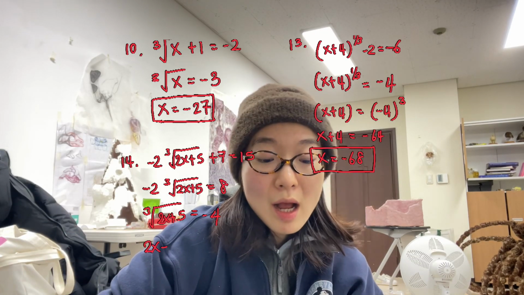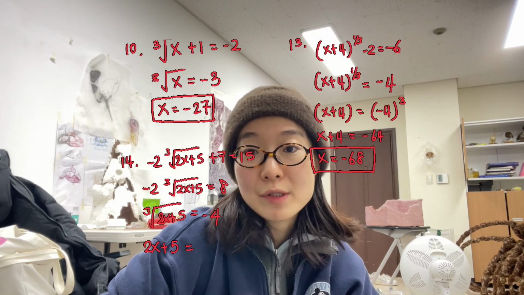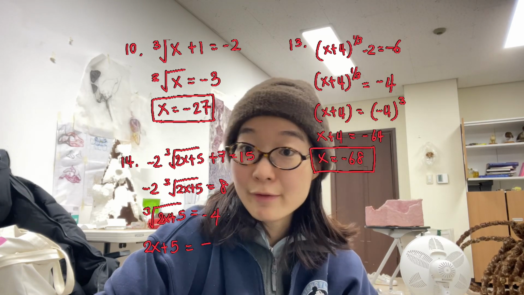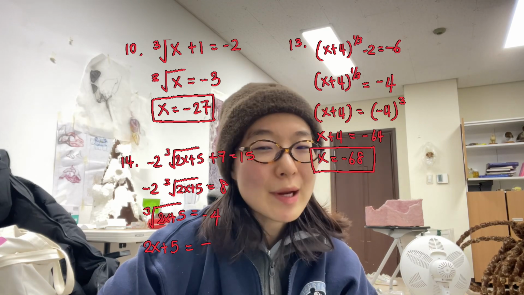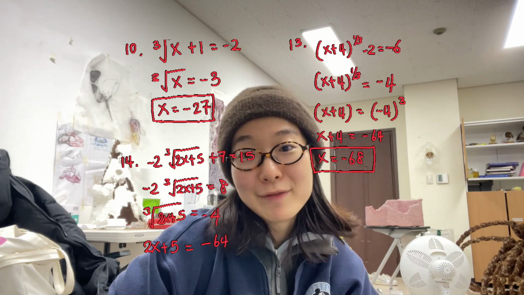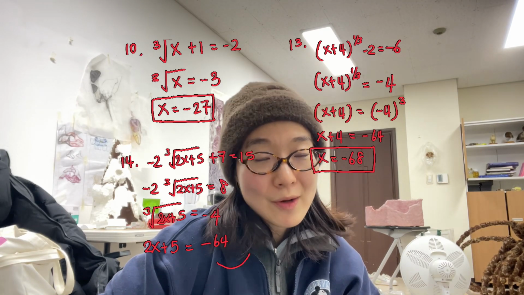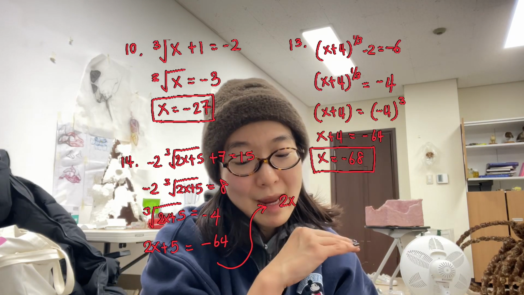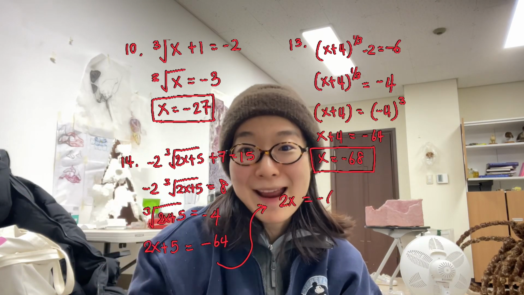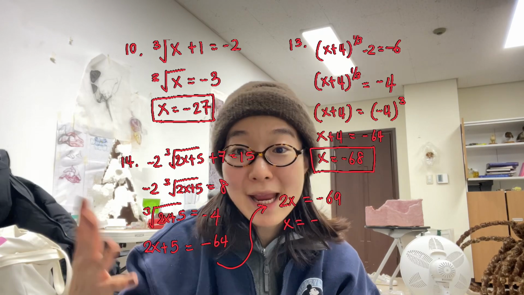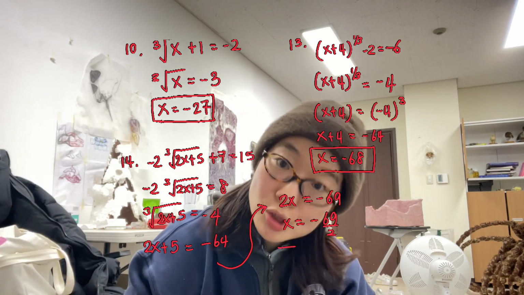That means cube root of 2x plus 5 equals negative 4. And that means 2x plus 5 must be negative 64. So, and then that means 2x equals negative 69. So x is negative 69 over 2.